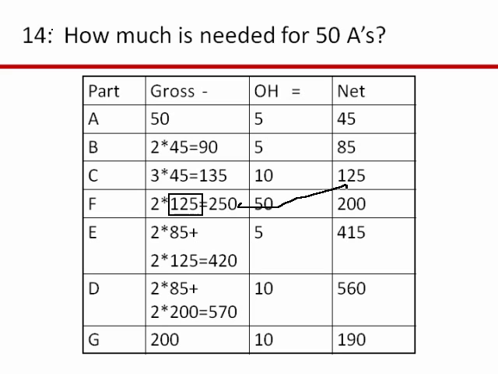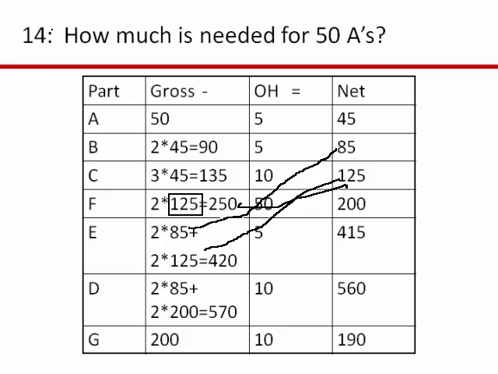And then for the E's, we have 2 B's per E, 2 times 85, plus we have 2 C's per E. So we're going to multiply those together. We get a 420 gross. We have 5 on hand. That gives us 415 net.